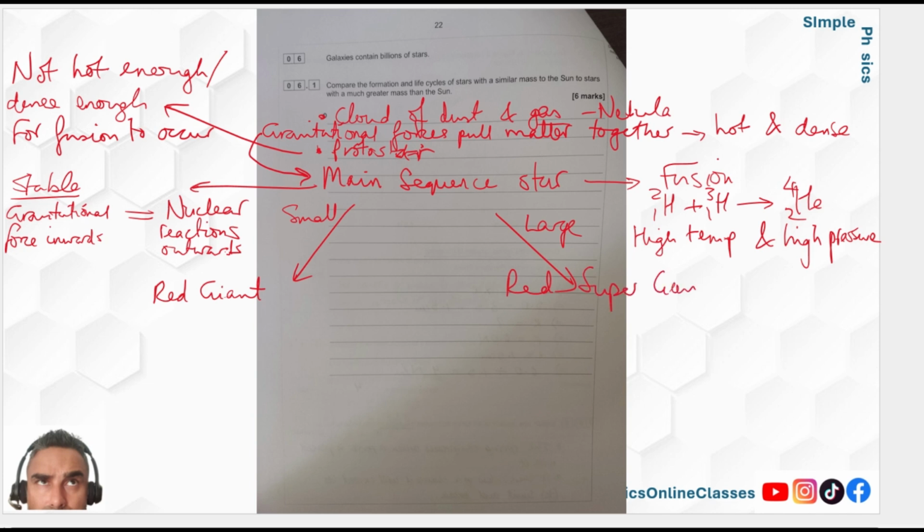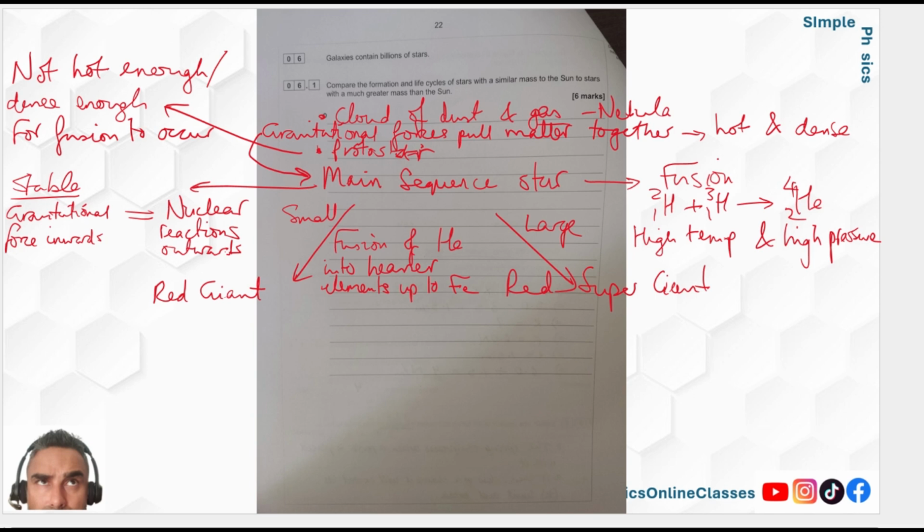In both cases you have the fusion of helium into heavier elements up to iron. Whether it's a red giant or a red supergiant, that's the process that's happening.